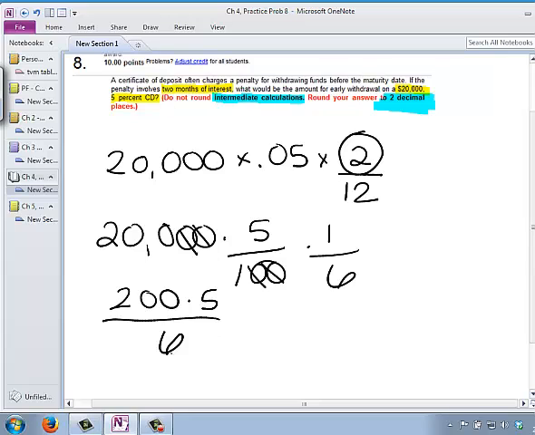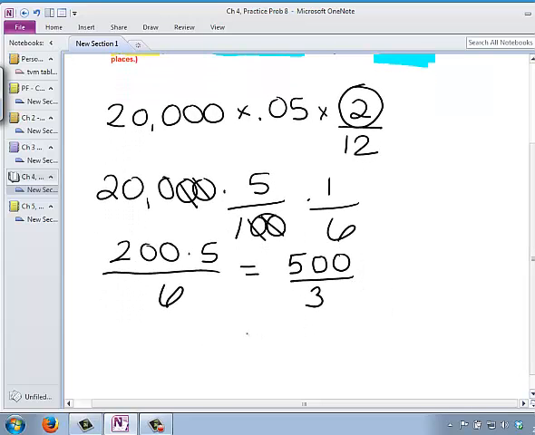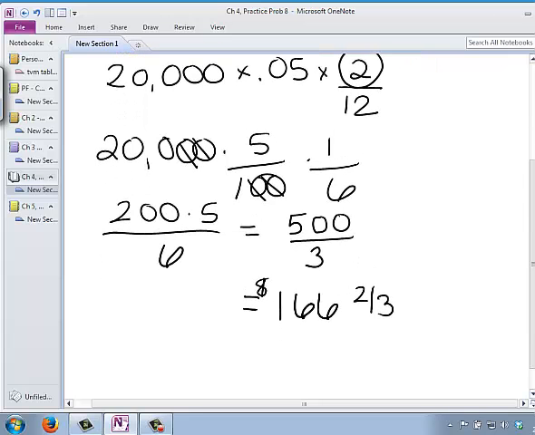So 1,000 over 6, or 500 over 3. I haven't simplified any of my numbers yet, but when I divide this out, I'm going to end up with $166 and 2/3.